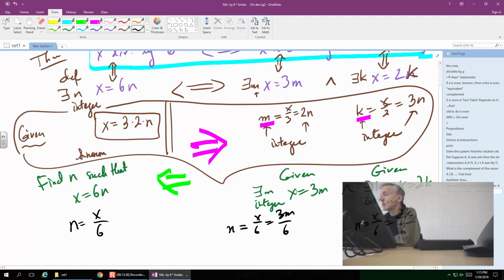We just substitute. It helps a little, right? I can cancel 3, so I have m over 2, and I have also k over 3. Okay, so this does not prove that n is an integer.